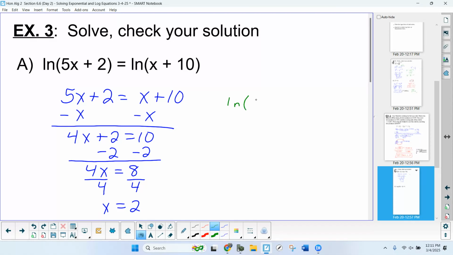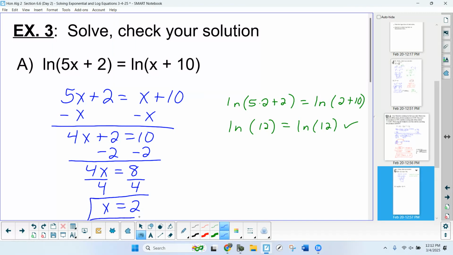The natural log of 5 times 2 plus 2, does that equal the natural log of 2 plus 10? Well, what's 5 times 2, everybody? 10 plus 2 is 12. Does that equal the natural log of 12? Yes. So we're good. We're going to see in a few minutes when these don't work.